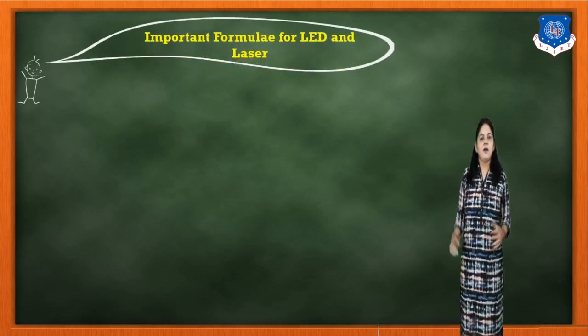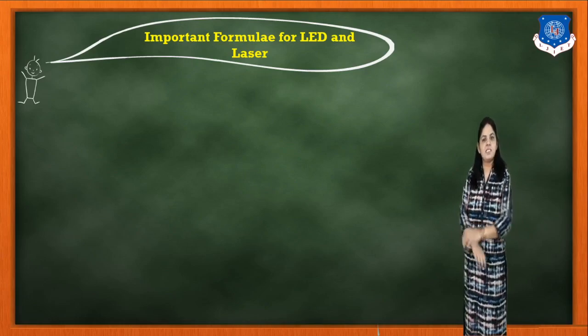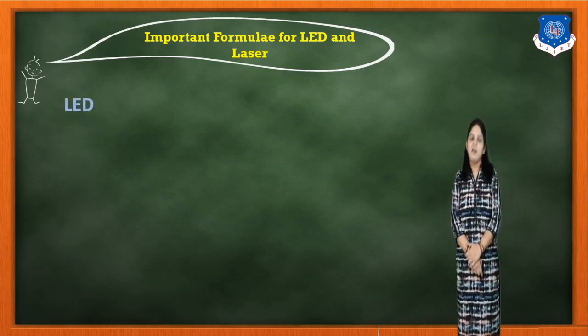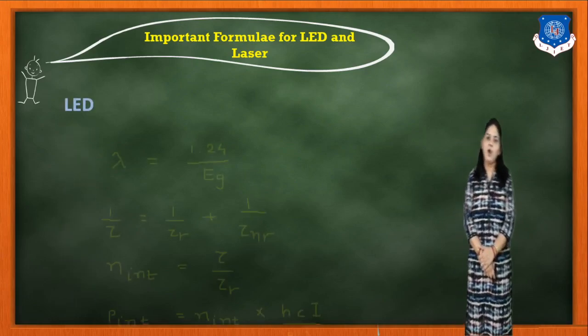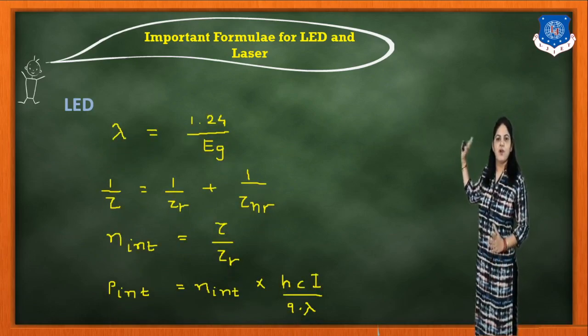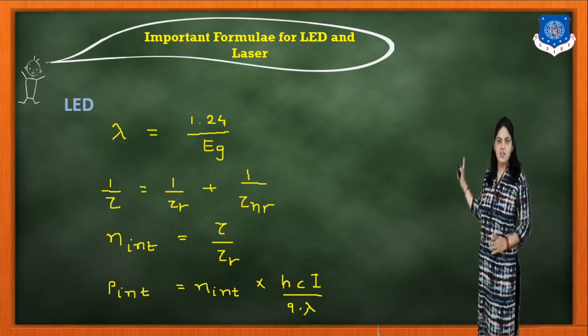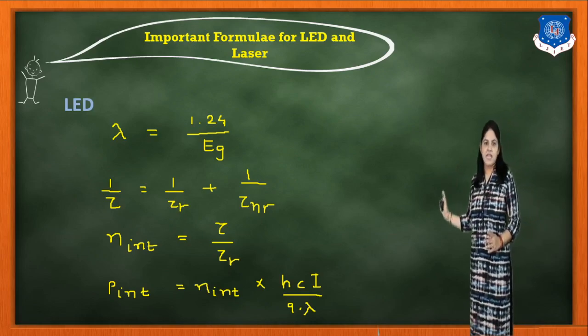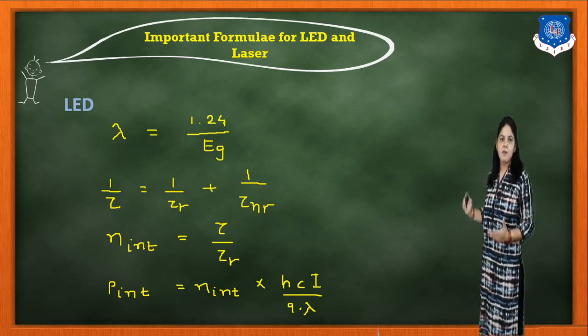Now, the important formulas for the LED and the laser. The wavelength lambda is equal to 1.24 upon Eg. Then the recombination time: 1 upon tau is equal to 1 upon tau r plus 1 upon tau nr.